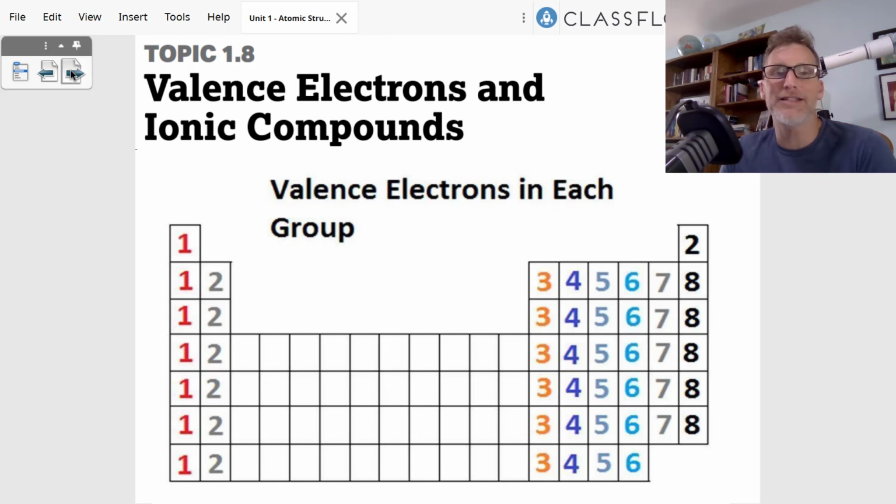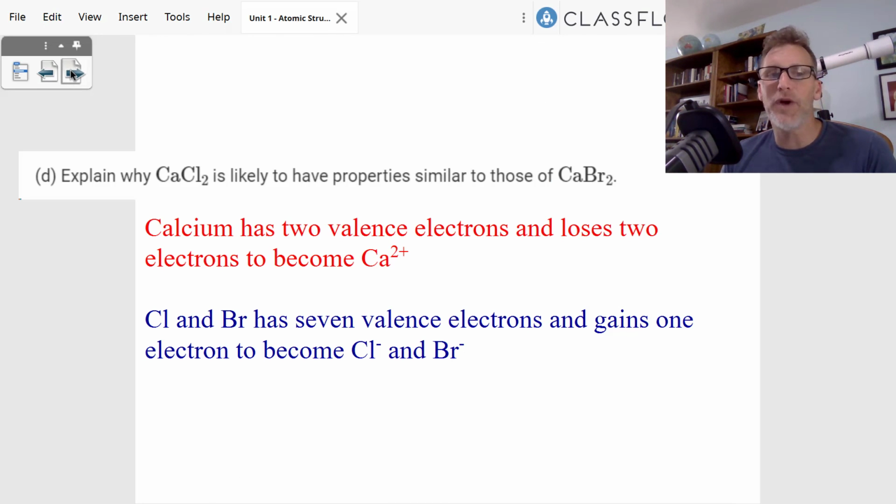Topic 1.8 is about valence electrons and ionic compounds. Valence electrons in each group, you just have 1, 2, 3, 4, 5, 6, 7, 8 for valence electrons. And so it says explain why calcium chloride, CaCl2, is likely to have similar properties to calcium bromide, CaBr2. Well, calcium has 2 valence electrons.